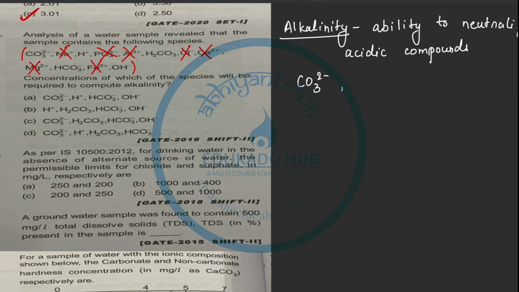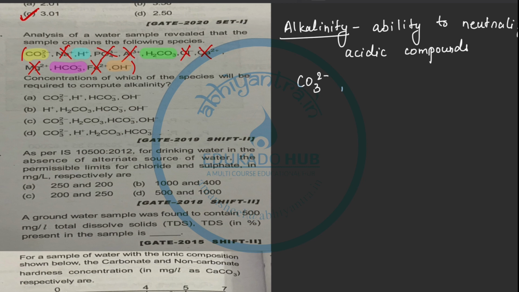So we are remained with CO3 2-, H plus, H2CO3, HCO3-, and OH-. These 5 compounds are remaining.